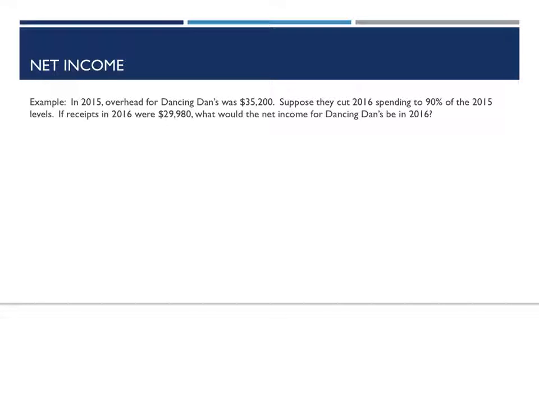Dancing Dan, we want to do exactly the same thing. So why don't you see if you could pause this and set it up just like I did the last problem. Remember that I want to do receipts minus outlays. We're doing this for 2016, so the receipts for 2016 were $29,980.